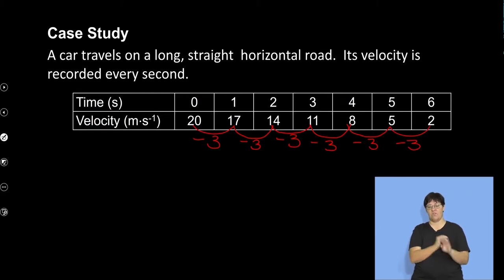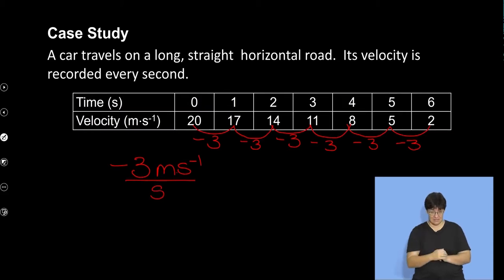So what this is telling me is that my velocity is getting smaller by 3 meters per second every second. That means that it's 3 meters per second.